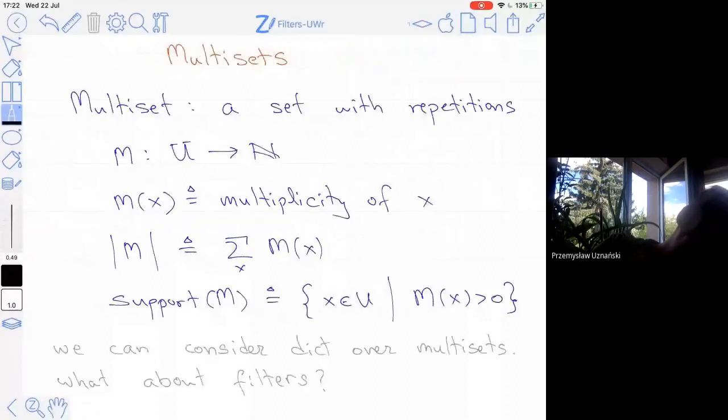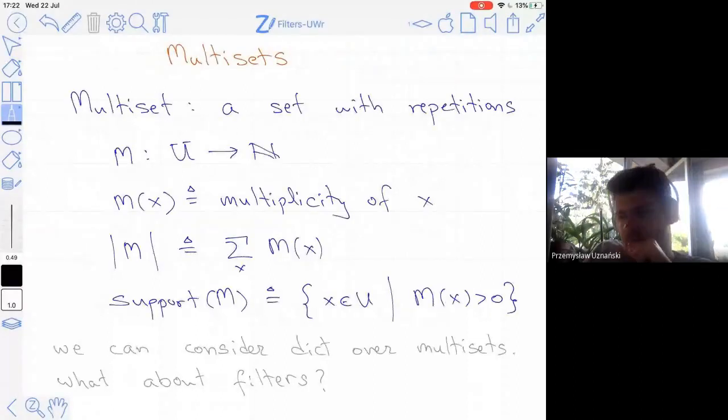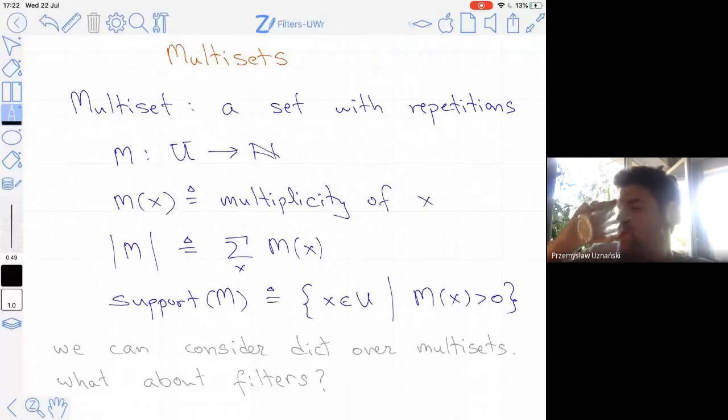I will be talking a little bit about multisets. So let me just define what I mean by a multiset. You all know what it is, but let's just define it for a second. A multiset is a set with repetitions. It can be represented by a function defined over the universe, and this function assigns a natural number to every element, where m of x is simply the multiplicity of x in the multiset.